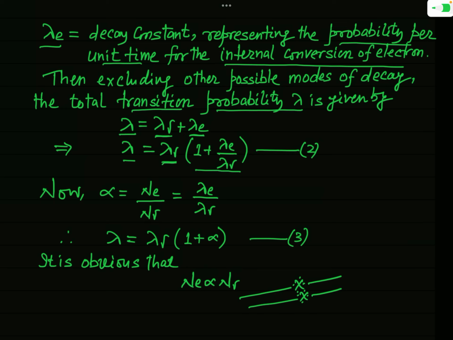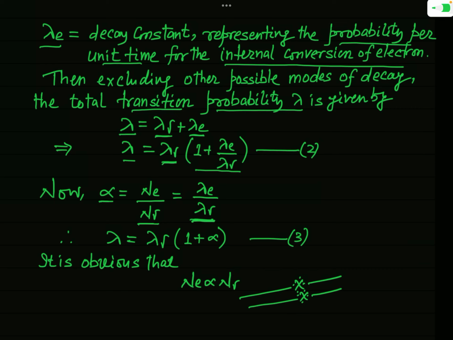Now, from the definition of the internal conversion coefficient, alpha is equal to Ne over N gamma, where Ne is the number of ejected conversion electrons and N gamma is the number of ejected photons. This ratio is simply equal to the ratio of the decay constants for the internal conversion and for the gamma decay. So Ne over N gamma is equal to lambda E by lambda gamma.